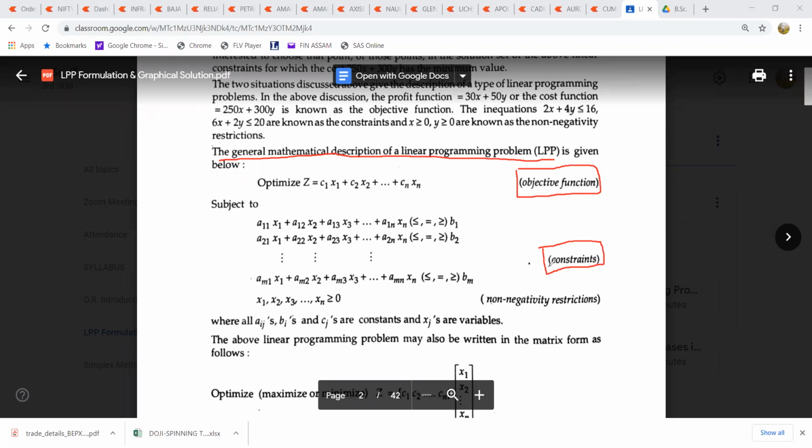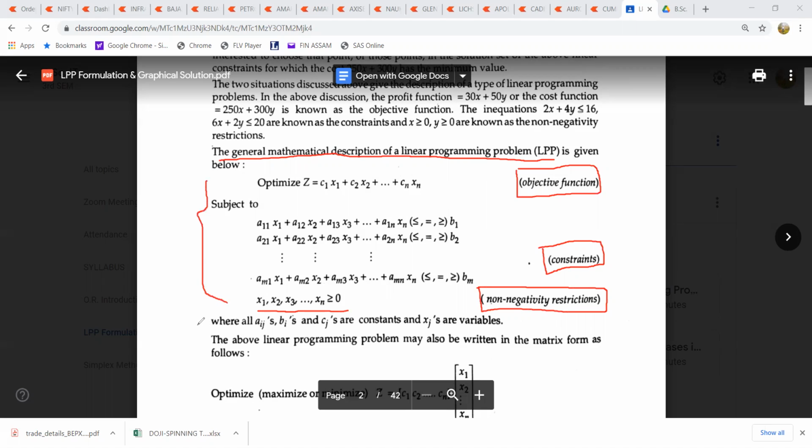There will be some constants, and then there will be a non-negativity restriction. I already told you that all the variables you choose should be positive, either greater than or equal to 0.